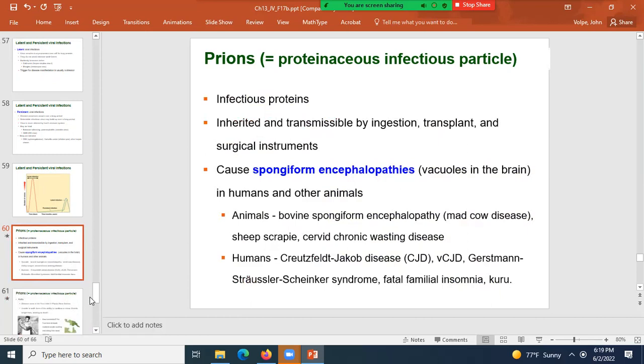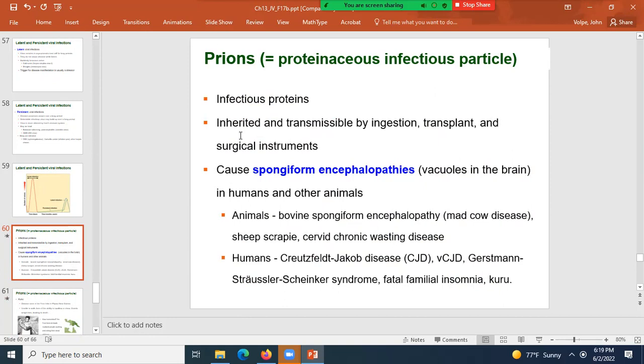Prions, let me just briefly talk about this subject, and then we'll finish about prions next time. Prions are proteinaceous infectious particles. These are believed to be proteins that cause human disease, where the proteins are infectious.